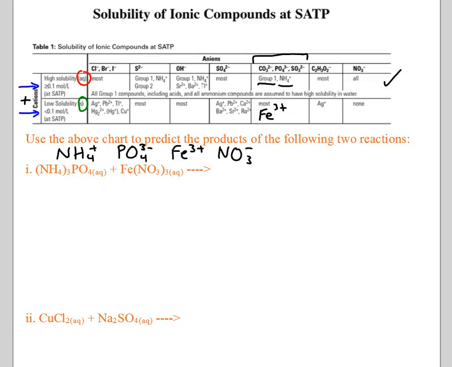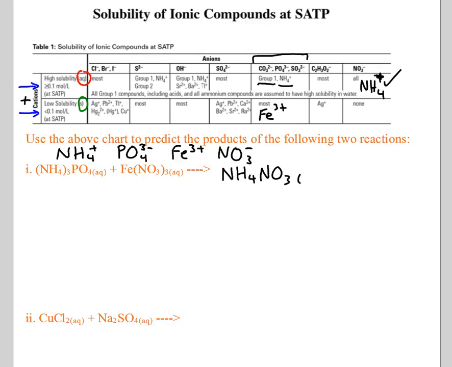Of course, nitrate has high solubility with any cation. So nitrate in the presence of ammonium, which is included in the all category, would obviously have high solubility. So our predicted products would be aqueous ammonium nitrate, so 1-to-1 ratio for ions.